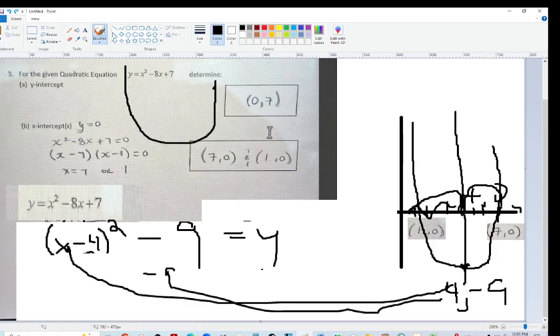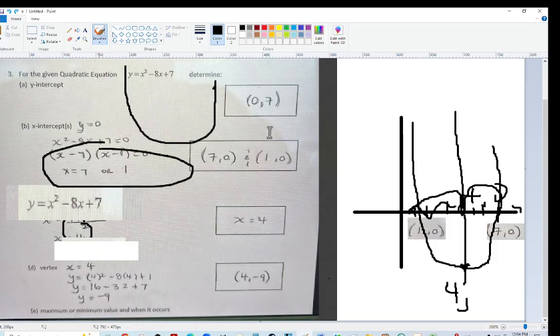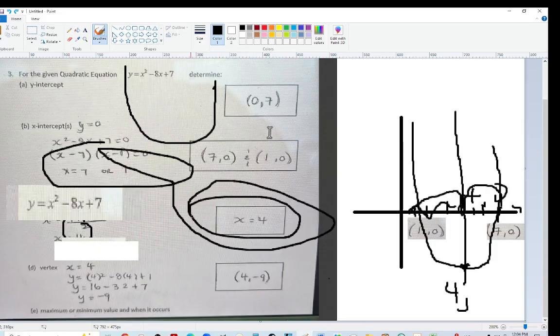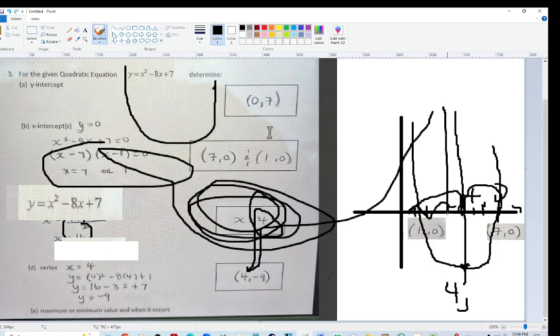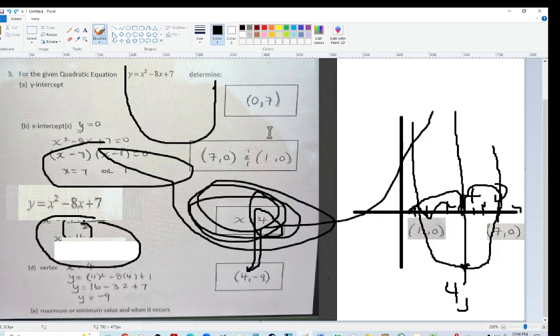That's a fast explanation, but he's using two methods. He's using the axis of symmetry method here to find the x value. X equal to 4 is the axis of symmetry, but it's also the x value of the vertex because the axis of symmetry always goes through the vertex. He's then plugging the 4 into the equation to get the y value of the vertex. So he didn't even have to complete the square.